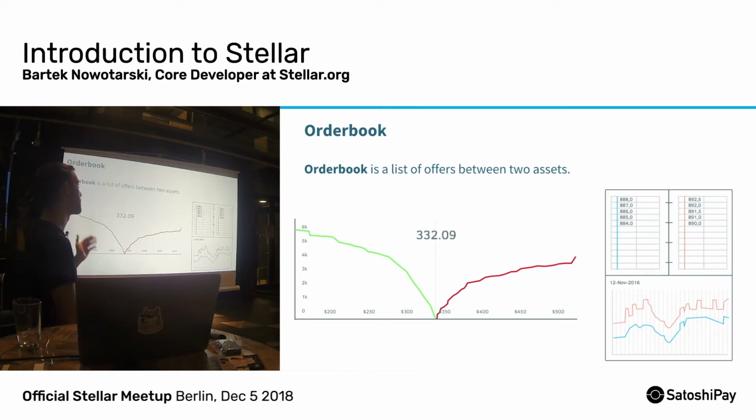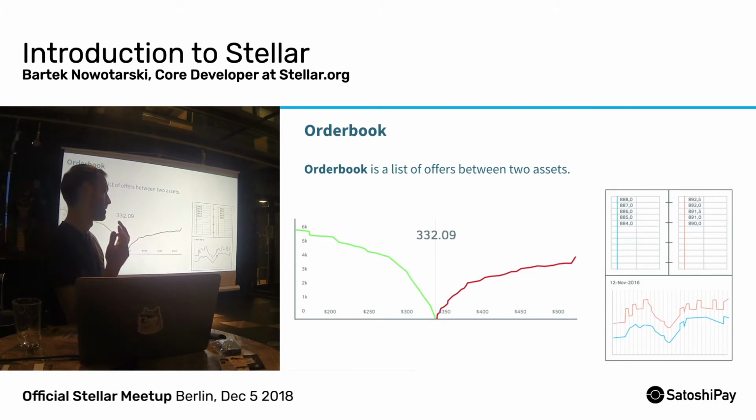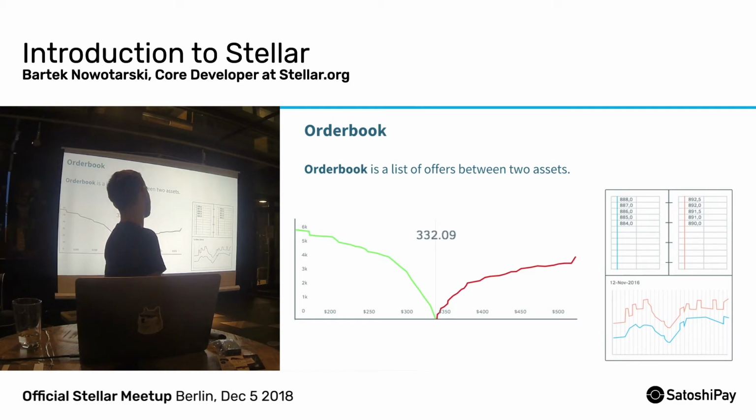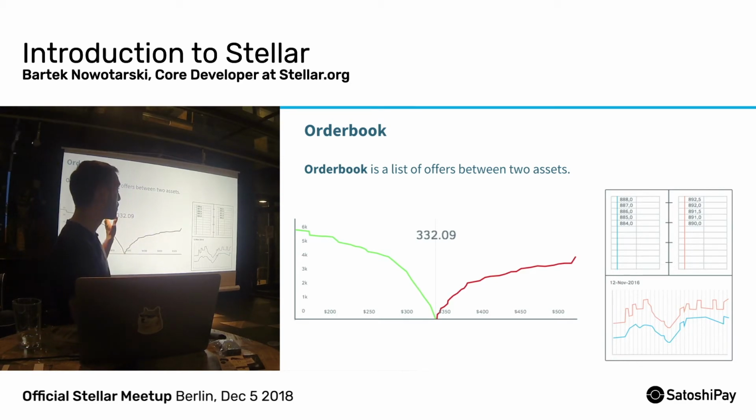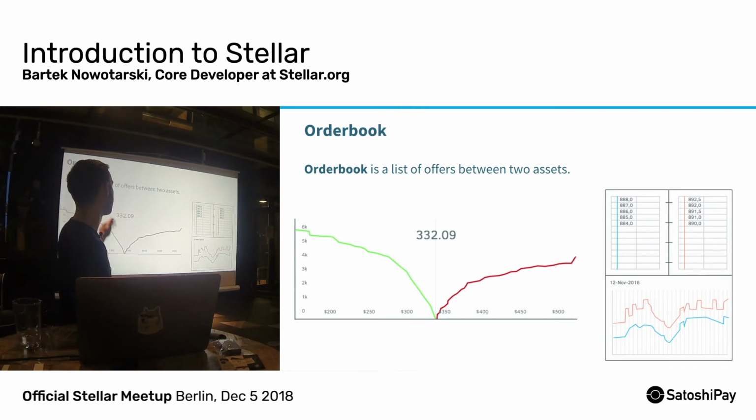Order book is basically a list of offers that are active between two, selling asset A and buying asset B, and basically selling asset B and buying asset A, right? After the presentation, I will show you a very nice exchange interface, and you will see it live.